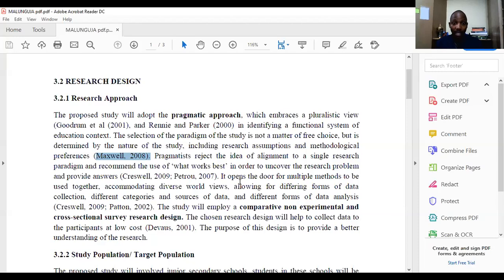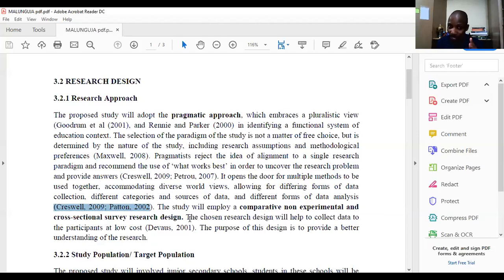You see, he says this design opens the door for multiple methods to be used together, accommodating diverse worldviews, allowing different forms of data collection, different categories and sources of data, and different forms of data analysis. This study will employ a comparative, non-experimental, and cross-sectional research design.